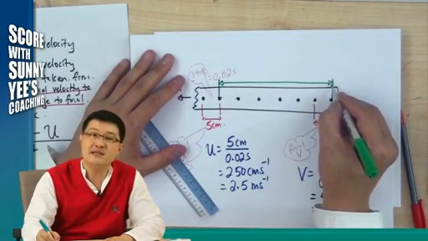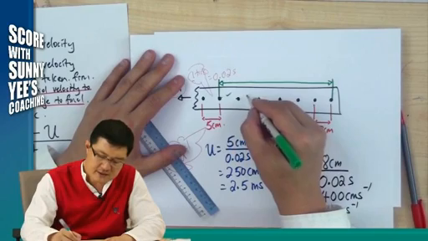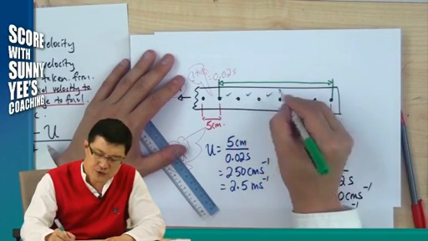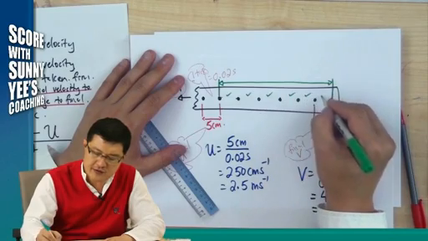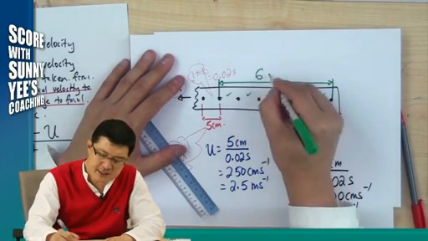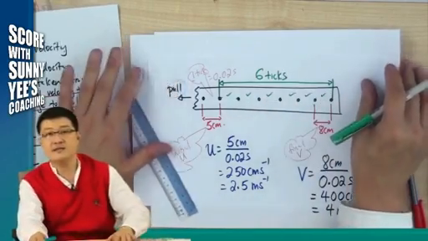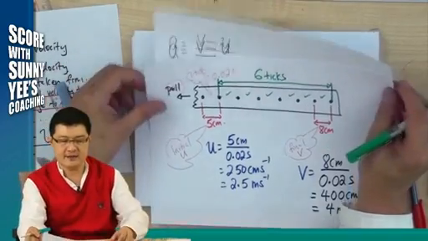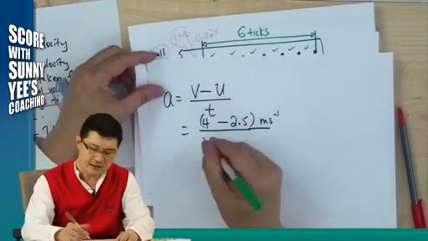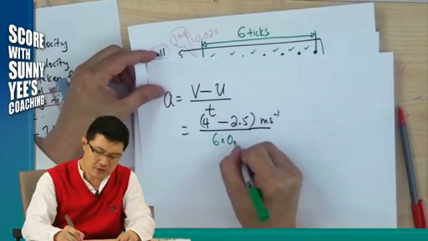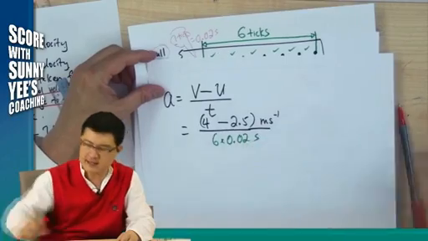So how many ticks are there? 1, 2, 3, 4, 5, 6. So I have 6 ticks, 6 spacing. 1 tick is 0.02 second. 6 ticks will be 6 times 0.02 second. Can you follow?